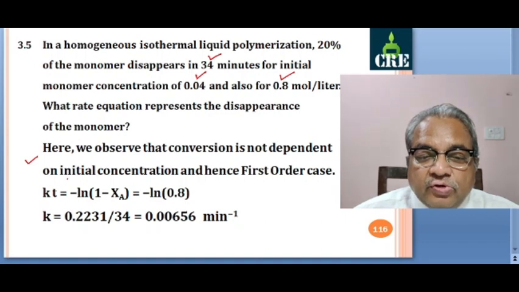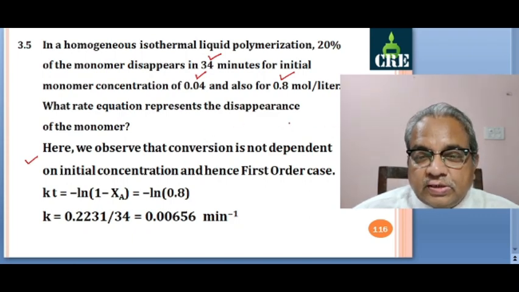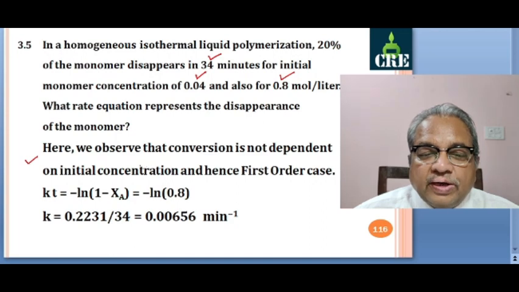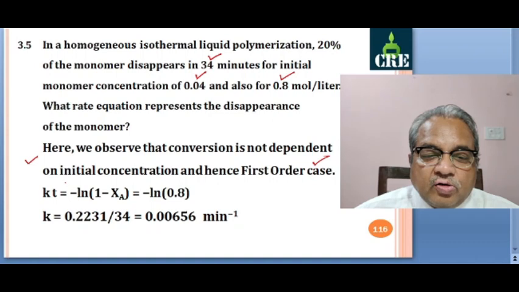It is independent of initial concentration because the equation minus dCA by dt is Ca0 into dXA by dt, that is equal to k Ca0 into 1 minus XA, and Ca0 cancels out on both sides and then we integrate. So we know for first order reaction it is independent of initial concentration, and the given data clearly shows it is not dependent on initial monomer concentration. So we are sure that it is first order rate law.